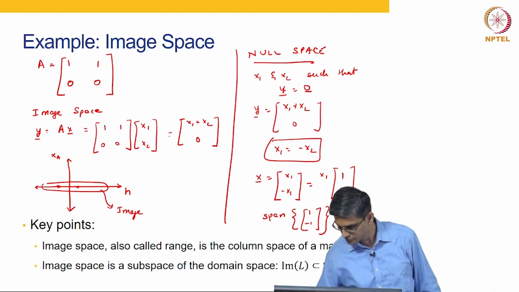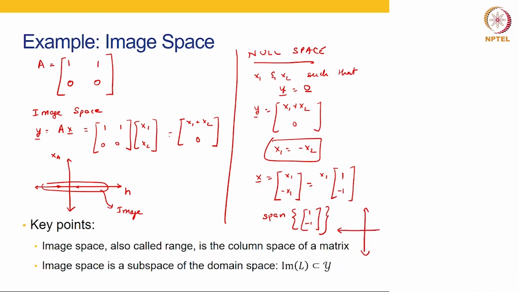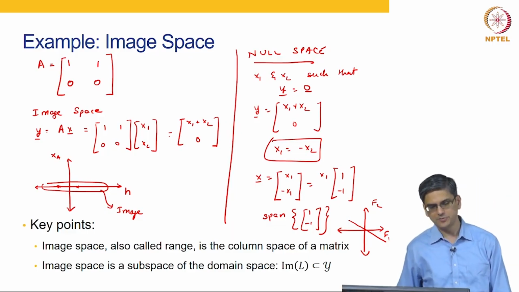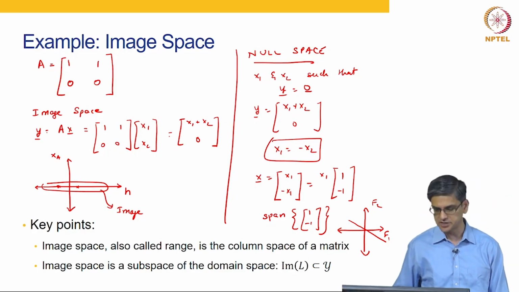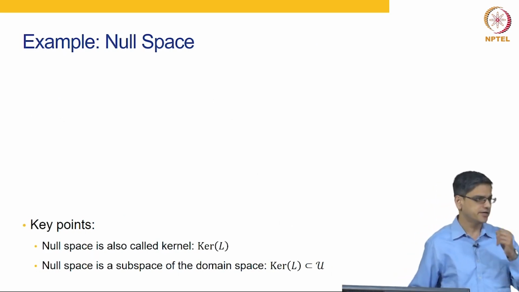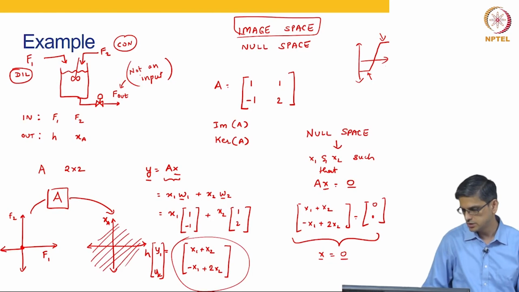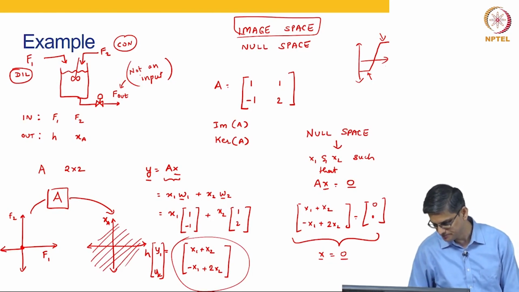So, this is going to be our null space. You might think, let us say this is a fictitious example. Let me make one more example.